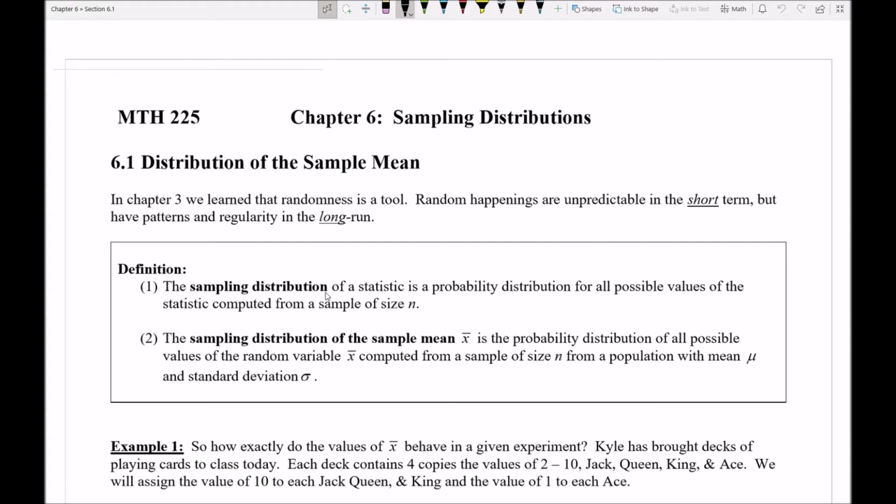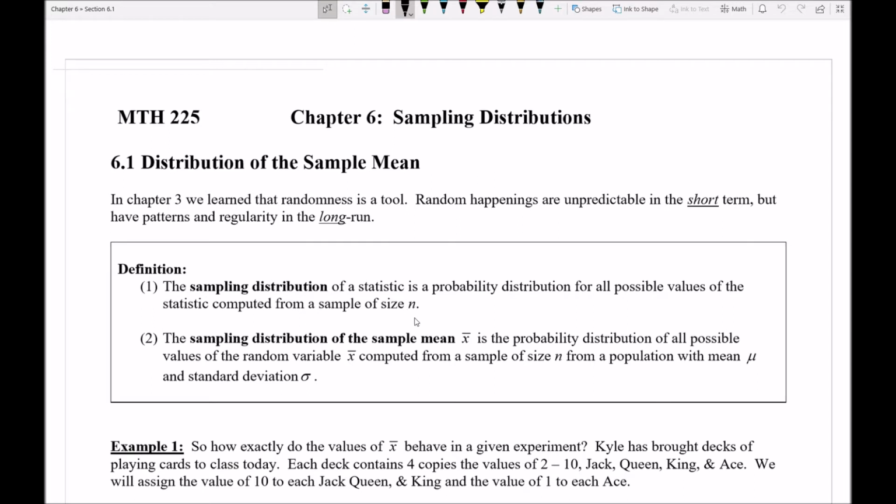So what we're going to be doing here is trying to understand that there are some other interesting random variables that we can make use of. A sampling distribution of a statistic is a probability distribution for all possible values of a statistic that's computed from a sample size. Remember, a statistic is some value that describes a sample.